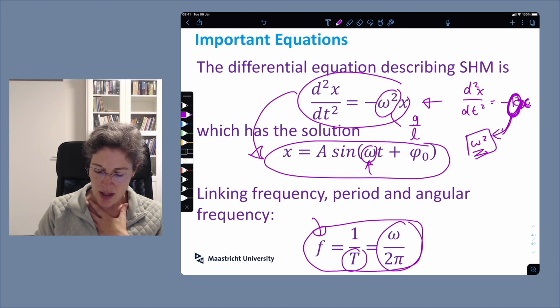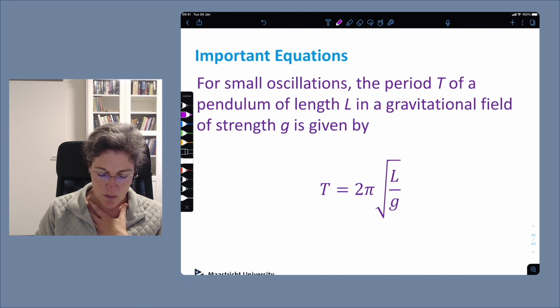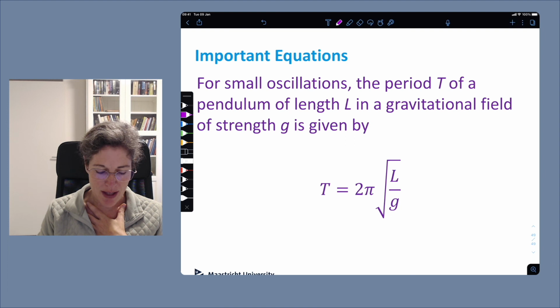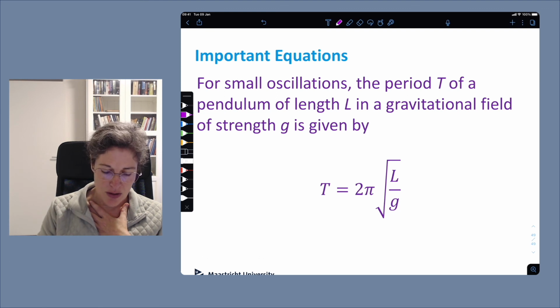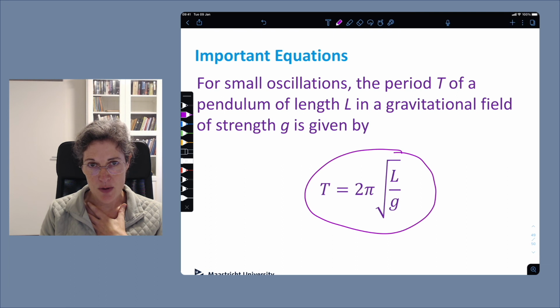Okay, and just because it might turn out to be useful for this course, and it gives us examples to work with, be able to understand how we got to this equation and how you can use this when you're talking about a pendulum for small oscillations. So the link between the period of the oscillations, the length of the pendulum, and gravity.